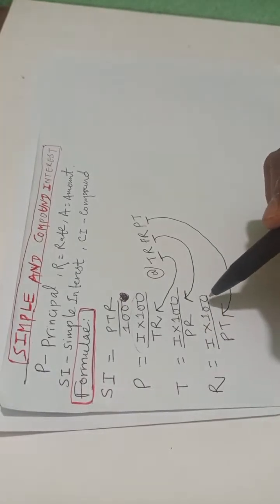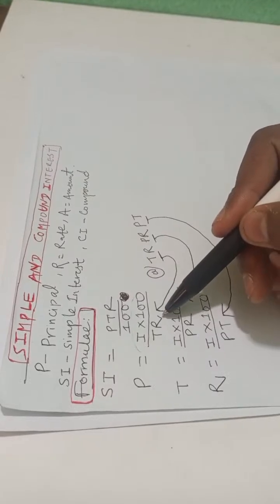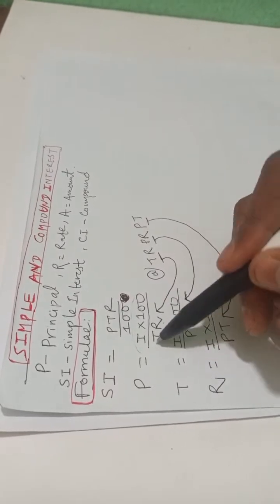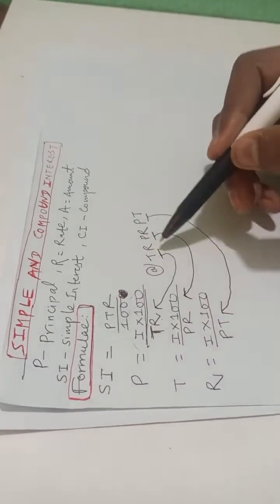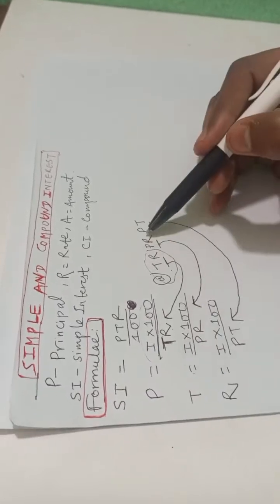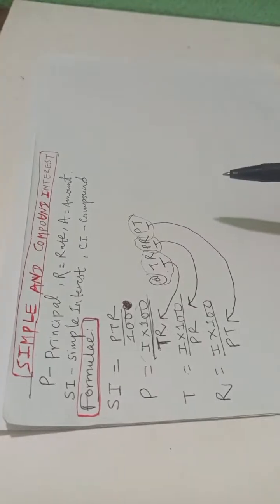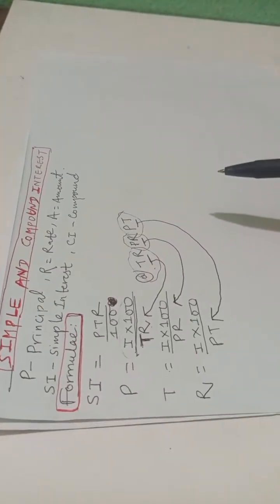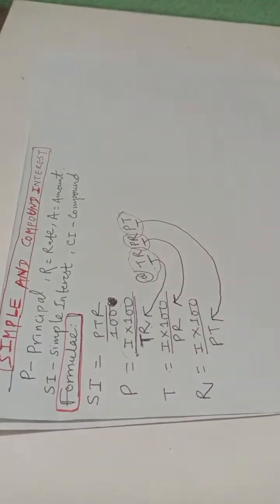The formula for principal is divided by TR, for time by PR, for rate by PT. Such division helps us build confidence.